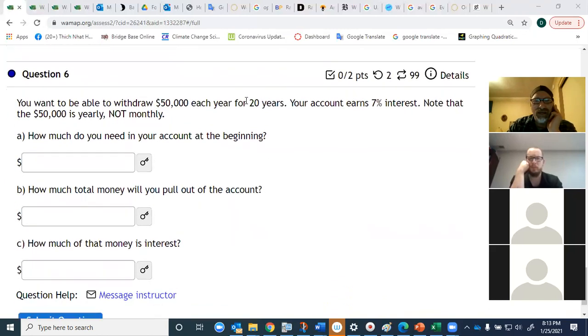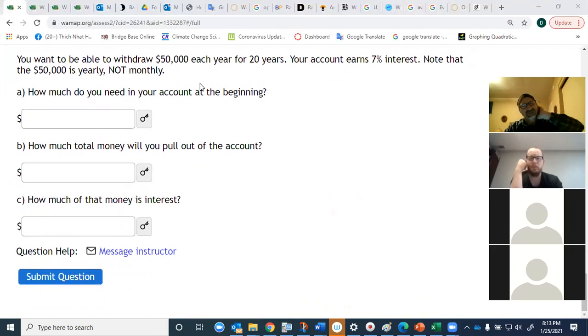This one is a little different. It says they want the payments. You want to be able to withdraw 50,000 a year when you retire. This is what you have to do to calculate how much you would need to save. How much do you think you'd need to save if you wanted 50,000 a year for 20 years?